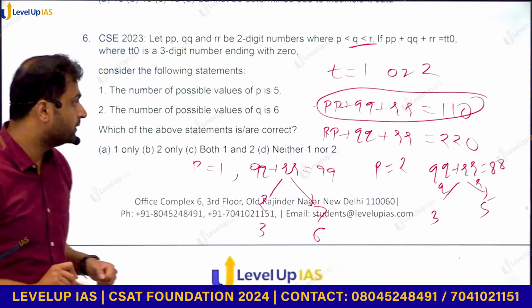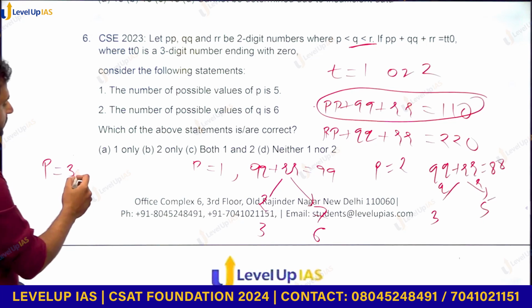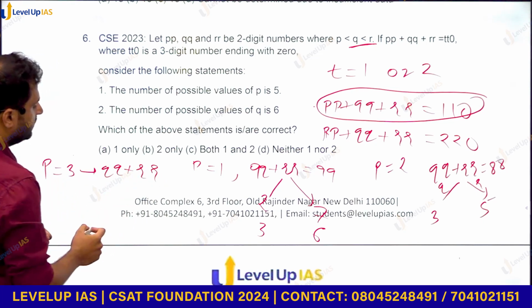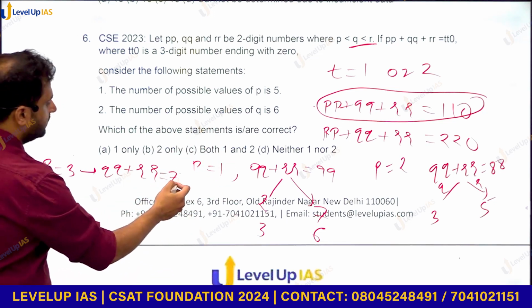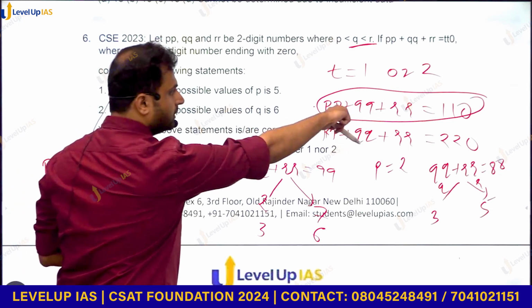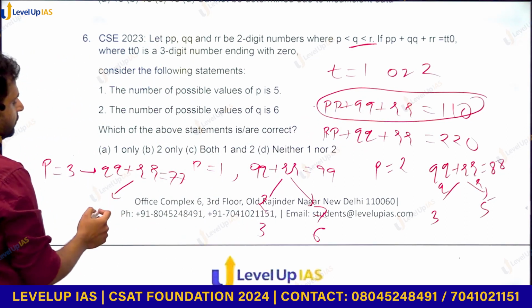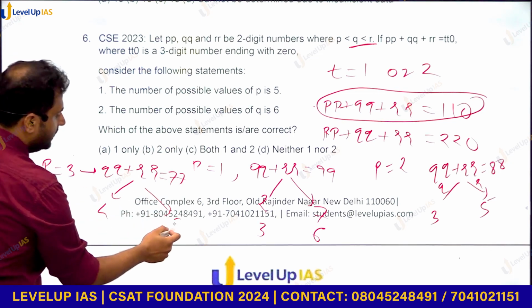Okay. Next case, if P is equal to 3, then we have QQ plus RR is equal to 77. We are subtracting 33 from 110. Then you can have Q is equal to 4, R is equal to 3. We have to reject it.